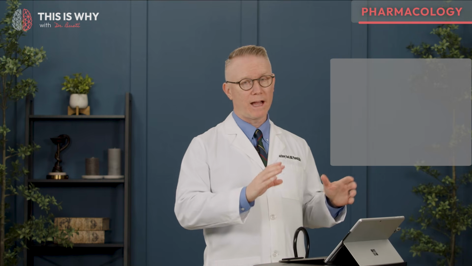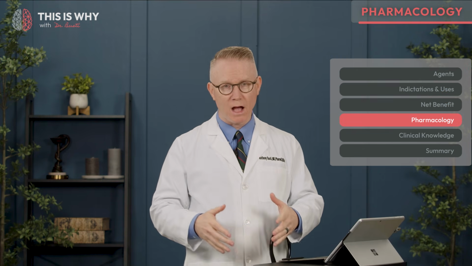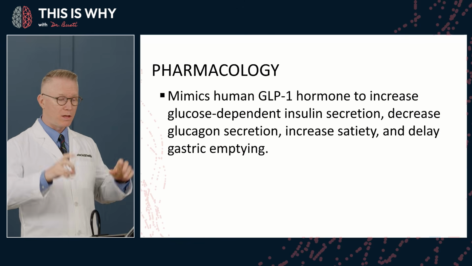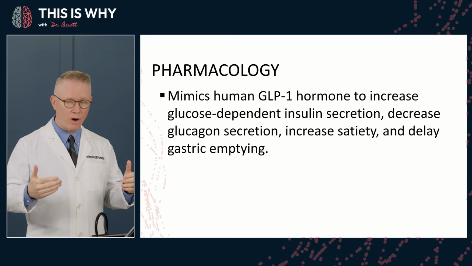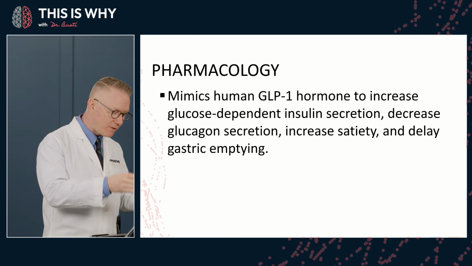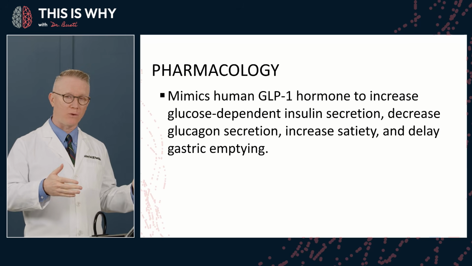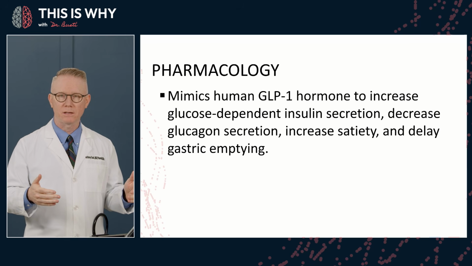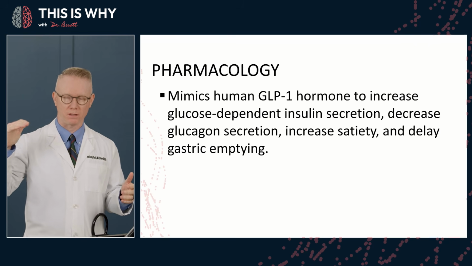Okay, now I'd like to pivot over into the mechanism, the pharmacology. I've already alluded to some of this, okay? Now, GLP, we're mimicking that hormone, that glucagon-like peptide 1 hormone. We're increasing the effect of glucose-dependent insulin secretion. If you look at the pathophysiology of type 2 diabetes, these patients early on in their disease are making large amounts of insulin.